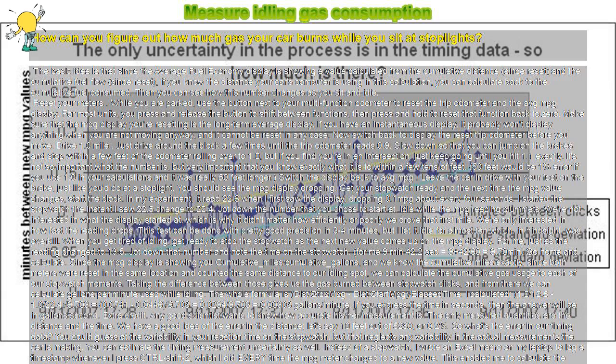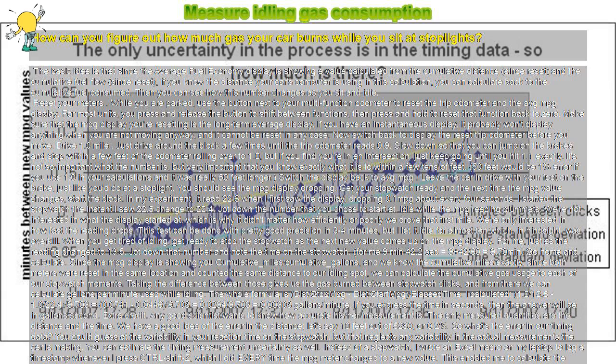Make sure that the MPG display you're resetting is the long-term average display. If you have an instantaneous display, it probably won't display anything when you are not moving anyway, and it cannot be reset in any case. Now switch back to display the reset trip odometer before you move.